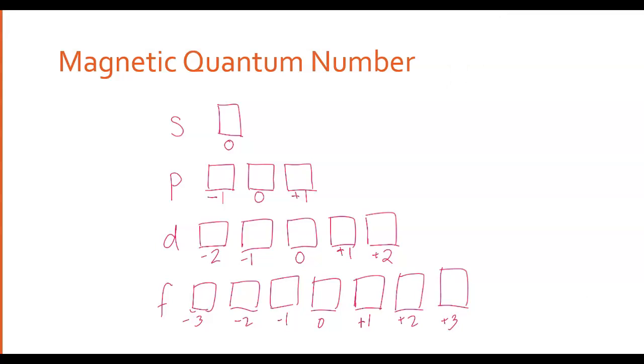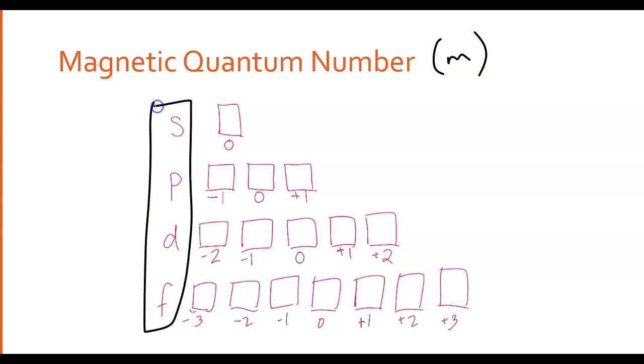Okay, so for our magnetic quantum number, we're talking about where the electrons fall. So this S, P, D, and F would be the angular quantum number. So this is the second one. And we would call this 0, 1, 2, or 3. For the specific orbitals, we're just drawing our orbital boxes and designating which one would be -1. So for P, -1, 0, and +1.